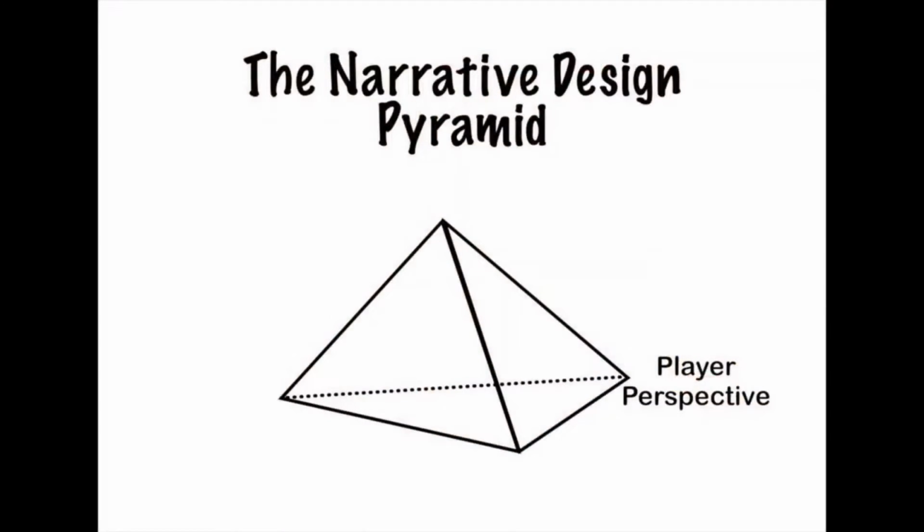With that in mind, let's turn to the next corner in the narrative pyramid, player perspective. Who or what is the player in the game? A person, a robot, an animal, a vehicle? Is this a predefined character, or has the player created an avatar? Or are they out of it entirely, like in a casual game?